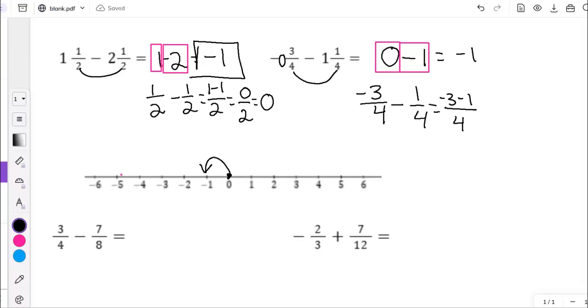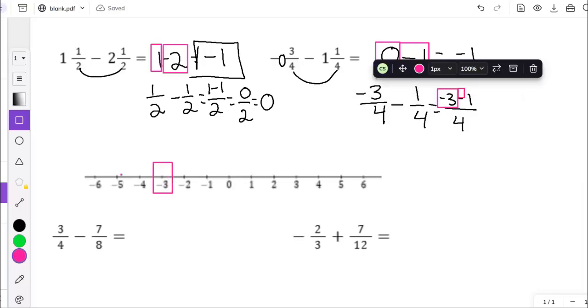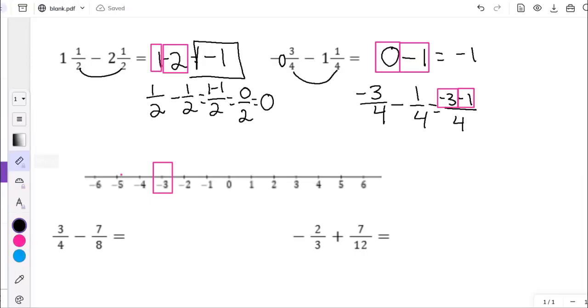I'll combine them into 1. And then I can go ahead and use my number line to figure out where to go. So negative 3 will be where I start. And I'm going to go to the left 1 because it's negative. So that would be negative 4.